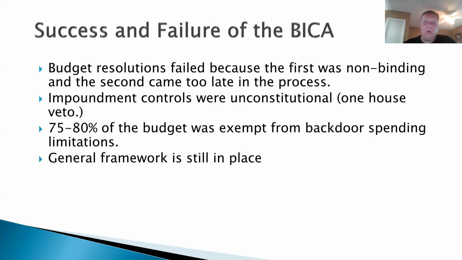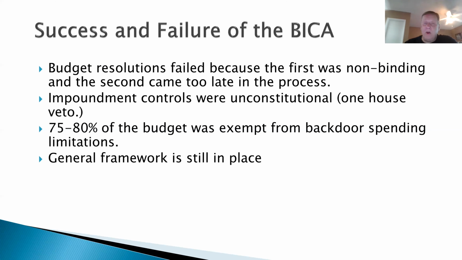Well, how well do they do in terms of trying to control this backdoor spending, the spending going on outside the appropriations process? Not real well, because they exempted about 75 to 80% of the budget from those backdoor spending limitations. So it was more rhetorical than it was in reality.